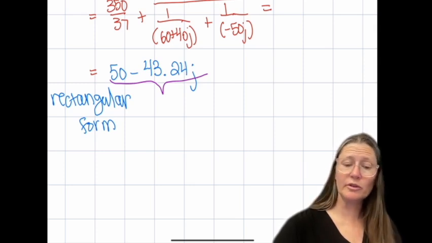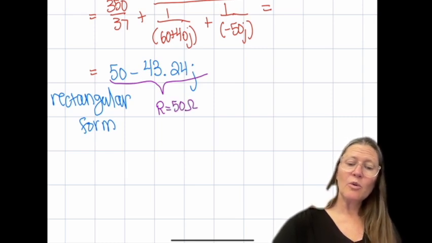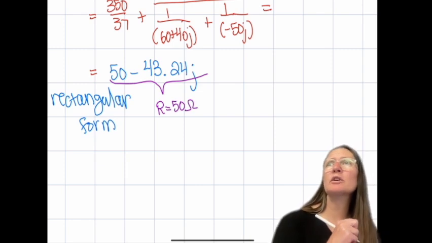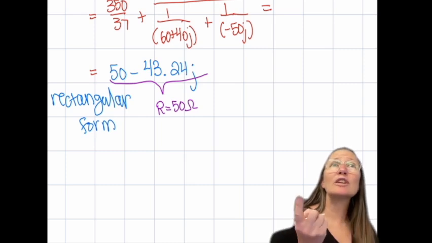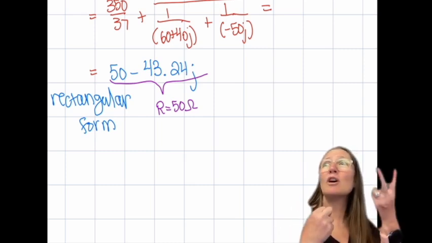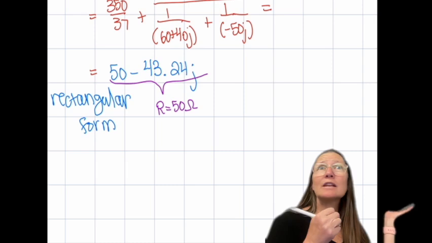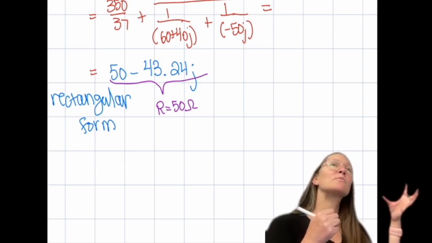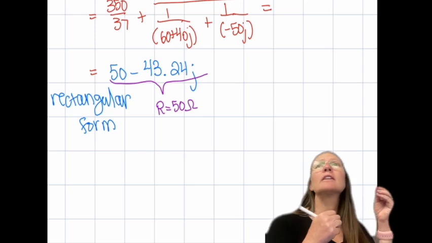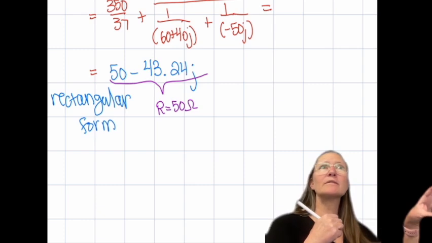Just a normal resistor, so a resistor of 50 ohms. What is the minus 43.24 going to represent? It has J in it, so it's going to be which options? Capacitor and inductor, and it's negative, so it's going to be a capacitor. The capacitors contribute a negative complex, and the inductors contribute a positive complex.